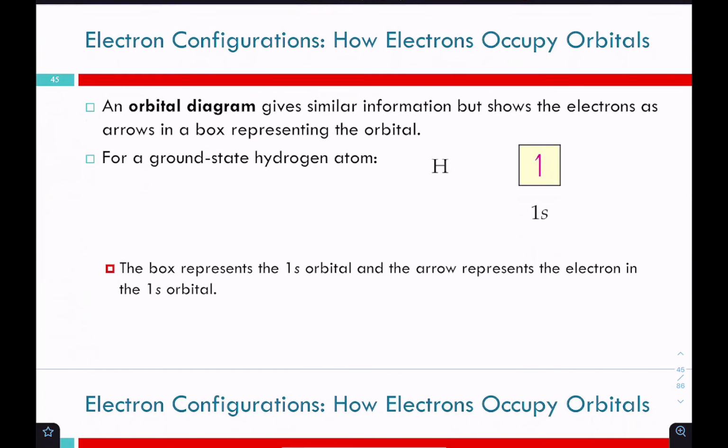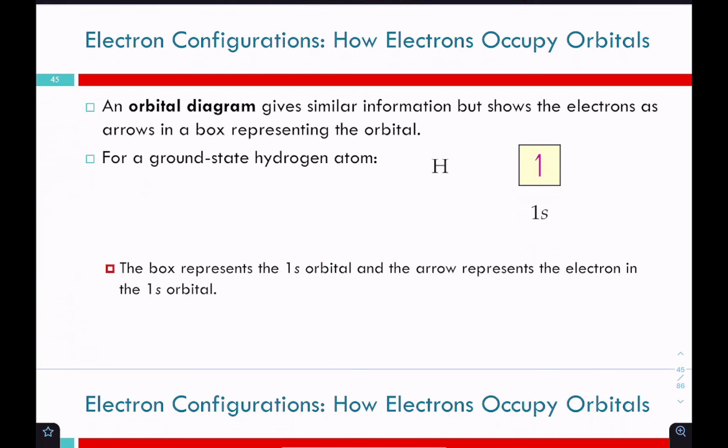Another way we can represent this is with orbital diagrams. So an orbital diagram is like an electron configuration, but it's showing us the electrons specifically. Now, electrons have this quantum mechanical property called spin. And so this is a little half up arrow. That means it's an up spin electron.